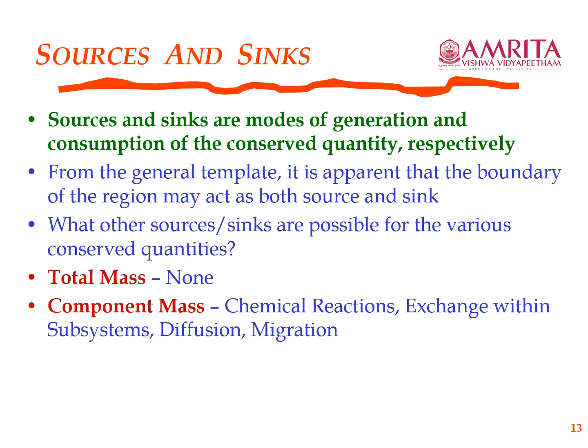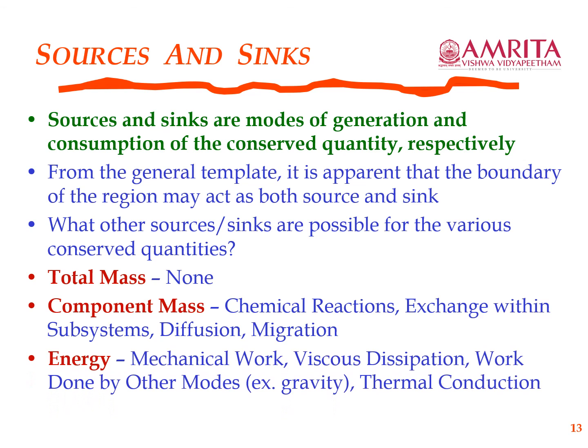You can produce a new species or consume a species. You can exchange species within subsystems by way of diffusion, migration, and so forth. Energy, by mechanical work you can produce or consume energy. By viscous dissipation, friction, you can produce or consume energy, and by work done through other modes and thermal conduction too.